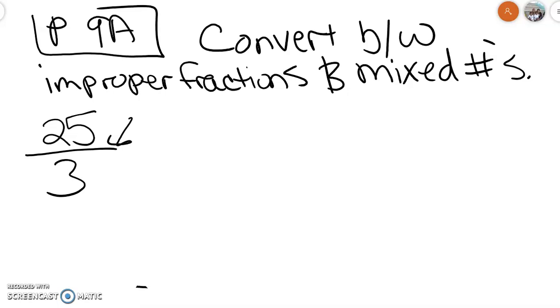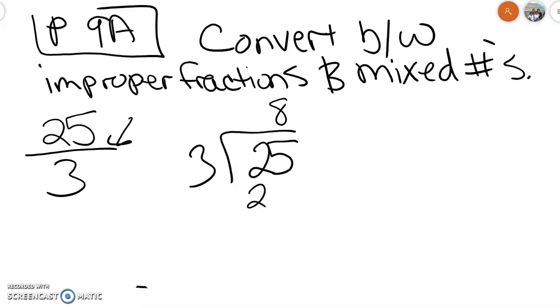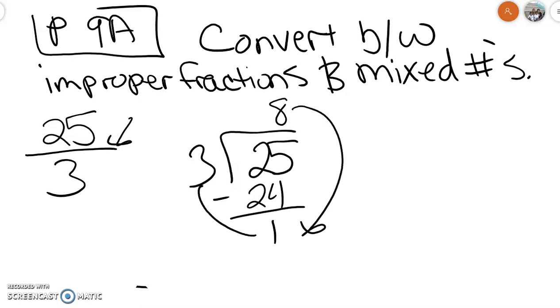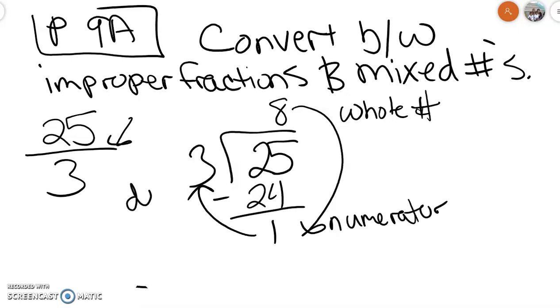So you can divide 25 divided by 3. 3 goes into 25 8 times, 24, 1. And we know, because we've done this in class, that this becomes our whole number. This becomes our numerator. And this becomes our denominator.